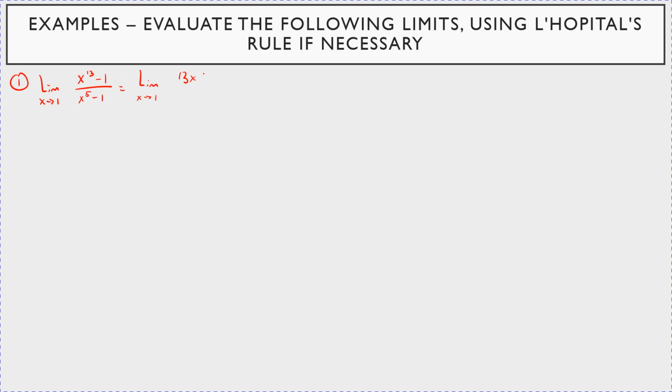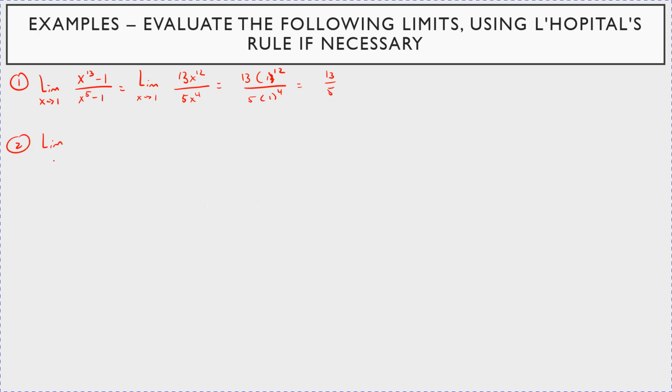This is 13x to the 12th. Divided by, take the derivative of the denominator, 5x to the 4th. Well, now you can just straight up plug 1 in. And look, you just get 13 over 5. That's it.